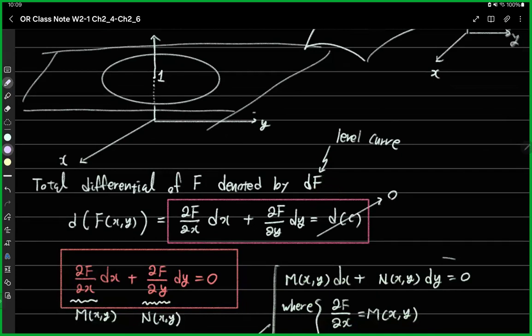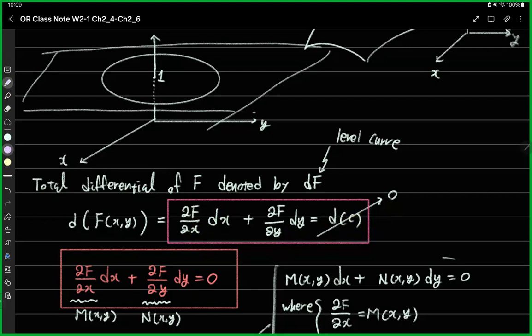Taking the derivative gives partial f partial x dx plus partial f partial y dy. It's partial because f is not a function of a single variable; f is a function of multiple variables, so we have to apply the partial derivative. The right-hand side turns out to be 0, because the derivative of a constant is 0.